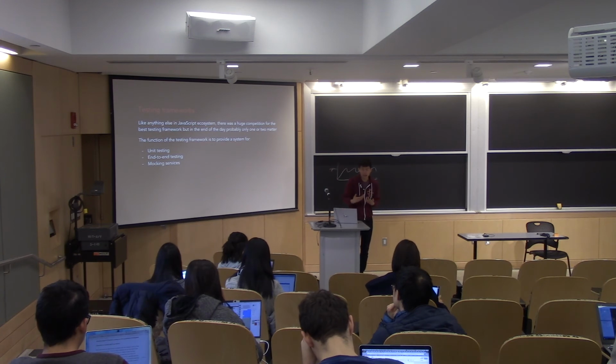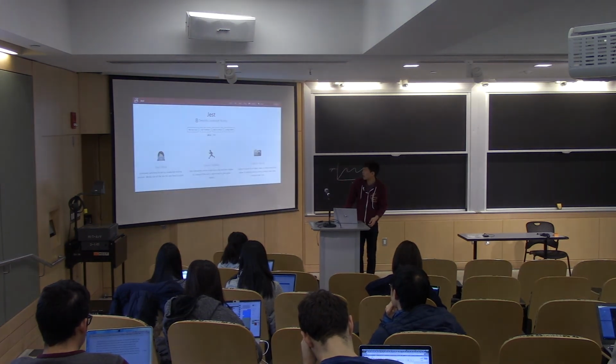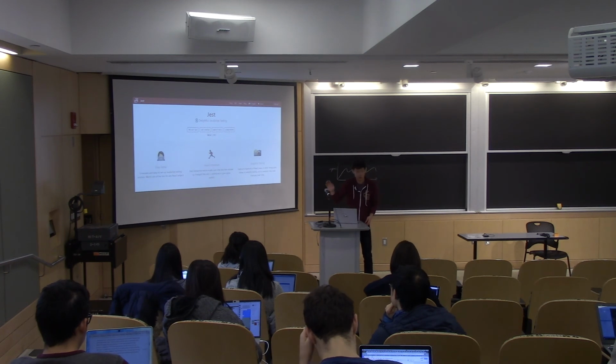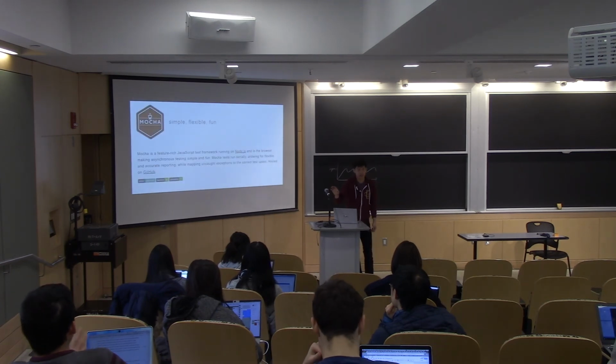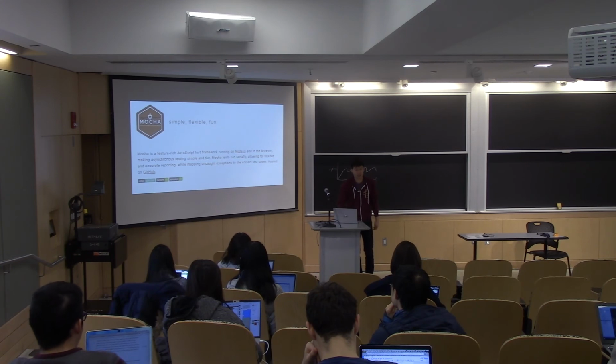And as everything happens in JavaScript, you have 5,000 tools to do this, and you don't know which one to use. So I'll just tell you, use this one. It's called Jest. Again, built by Facebook. It's really good. And there's another one called Mocha, which has a funnier name. But they're basically the same. Just use one of these two.